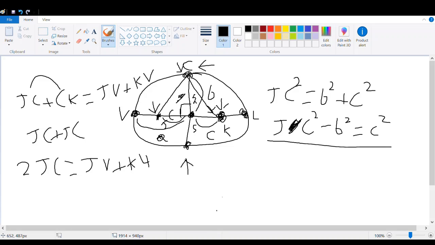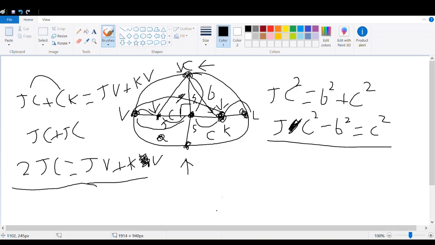So now we have to connect this whole thing to A. It's not connected to A yet. Well, JV, this distance right here, plus KV, why is that a 4? KV, this distance right here. Well, isn't JV equal to KL, this distance right here?